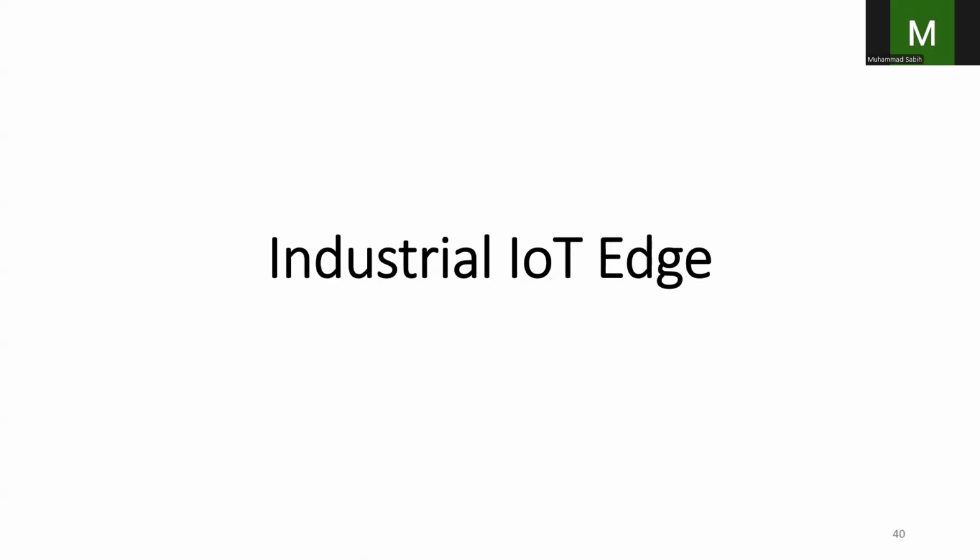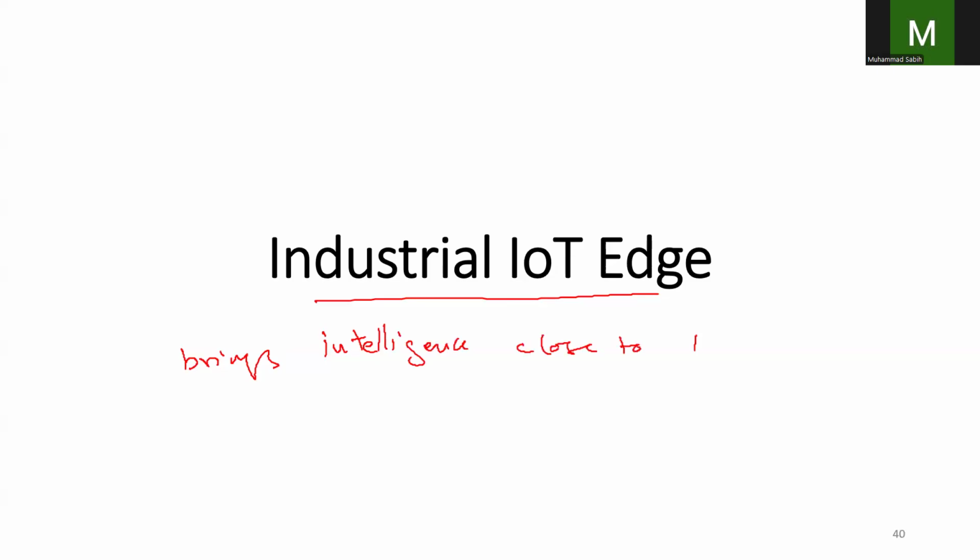In this next module, we shift our focus to a powerful concept that is transforming the whole world of industrial systems. This is the industrial IoT Edge. Edge computing plays a very crucial role. It brings the intelligence close to your machines, sensors and actuators at the factory floor.